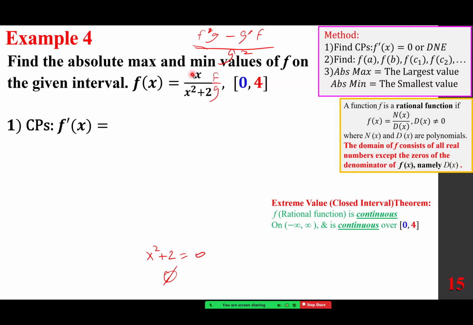So the numerator gives us 1. The derivative is 1 times x squared plus 2, minus the denominator gives us 2x times the top x, and just put the bottom, x squared plus 2, or the g, and square it. So again, pretty straightforward, everybody. We are going to simplify this.